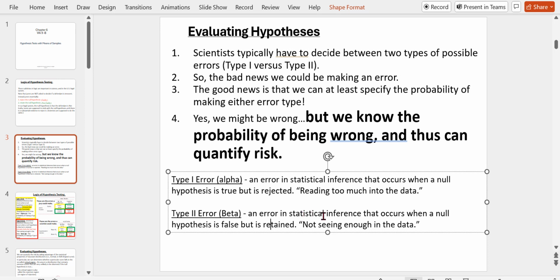This is an error in statistical inference that occurs when the null hypothesis is false, but is retained. You're not seeing enough of the data, and this is where you've got too much zoom. This is where you're on high magnification. You're only seeing the Drosophila's leg. You can't see anything else. It's cluttering your judgment. You're making a wrong diagnosis.